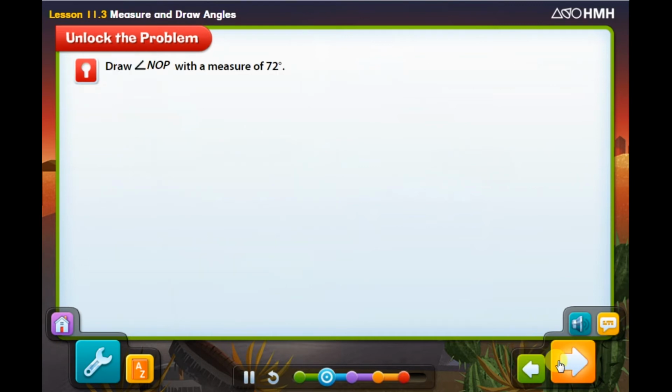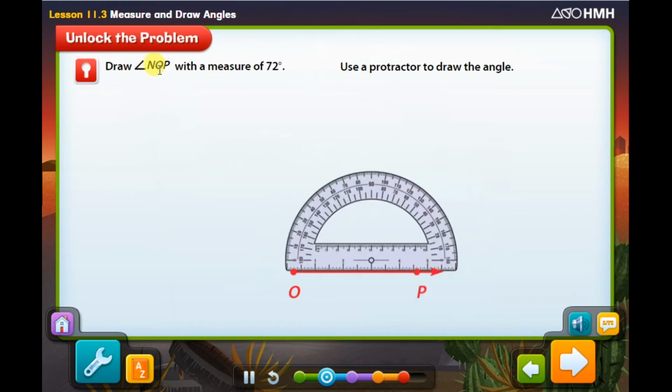Draw angle NOP with a measure of 72 degrees. Let's unlock this problem. Use a protractor to draw the angle. Begin with a point and label it O. You can use the straight edge of the protractor to draw and label ray OP.